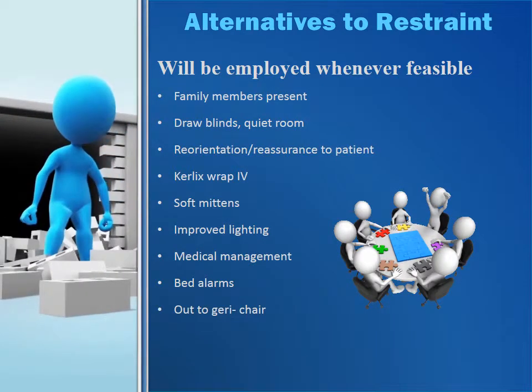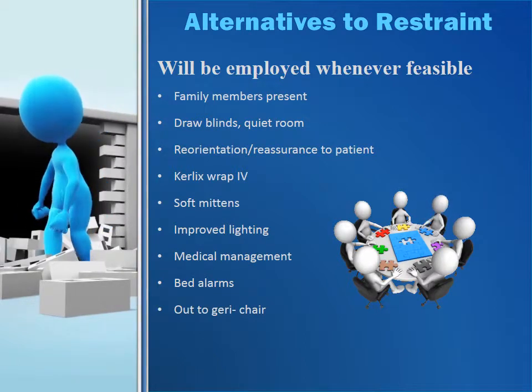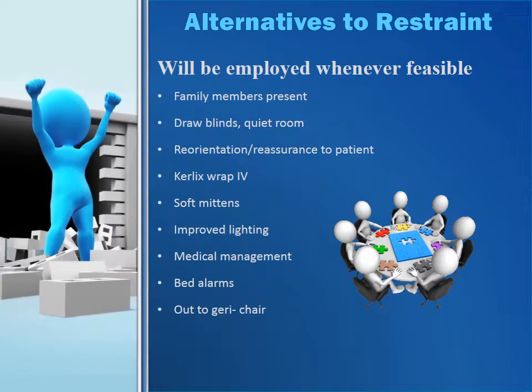Of course, here are some alternatives to restraints. Family members present, you can draw the blinds or quiet the room, reorientation or reassurance to a patient, Curlex wrap. Soft mittens are not considered a restraint, and some people have asked in the past, well, why? They can still move their arms. They still have access to their body.